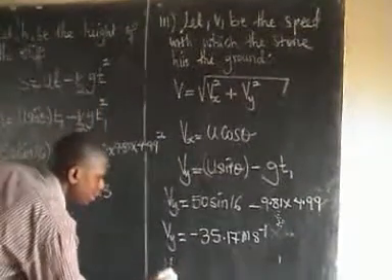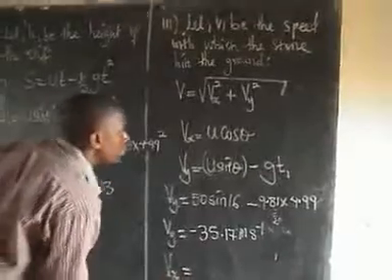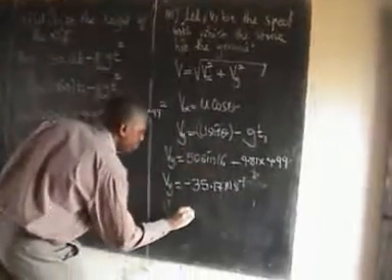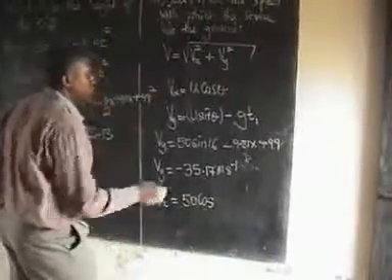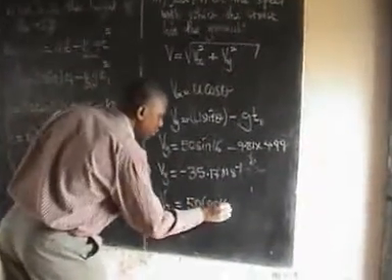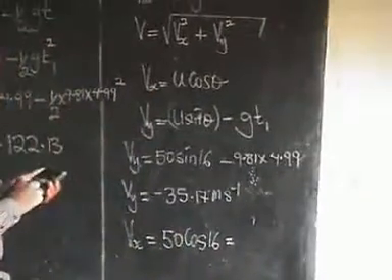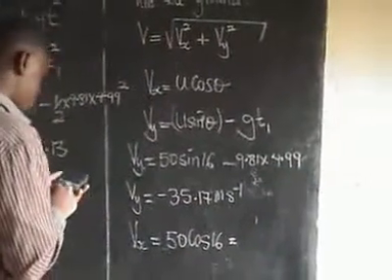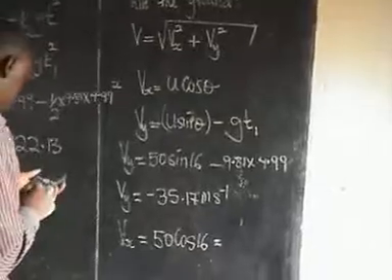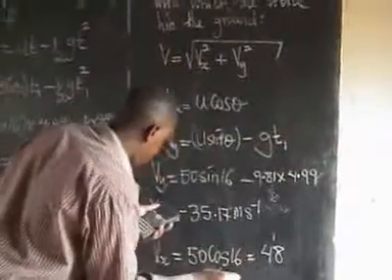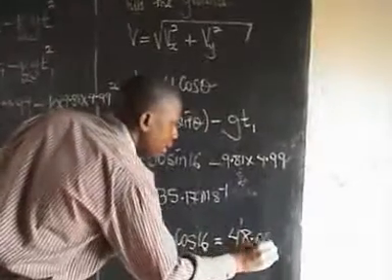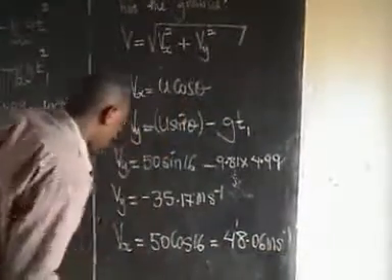So my vx is u cos theta, our u is 50, theta is 16. So this will give you 50 cos 16. It is positive 48.06, as suggested by the diagram.